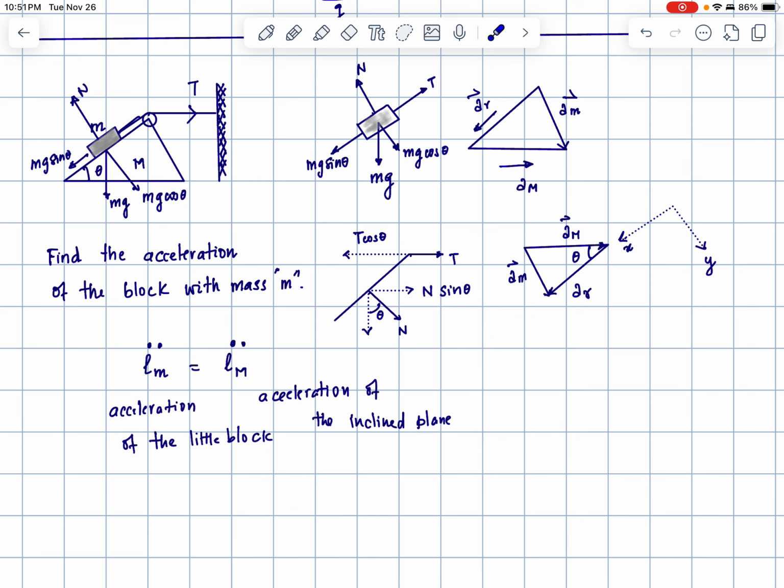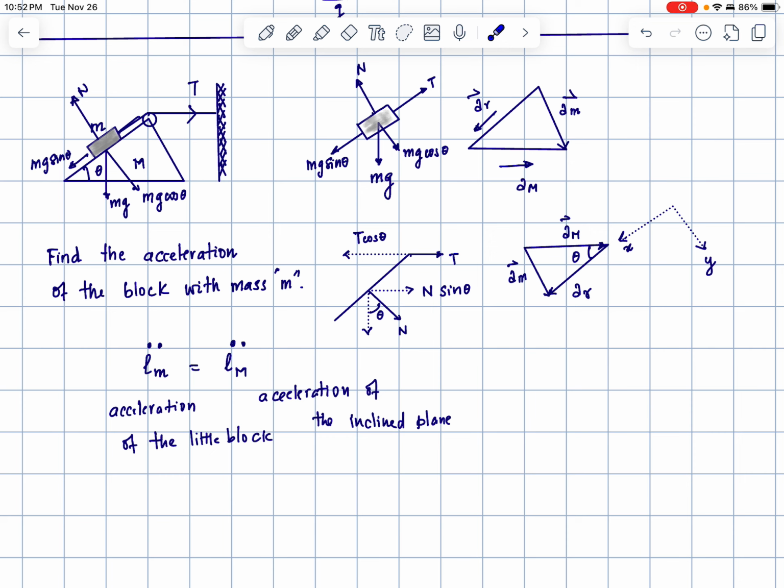Okay, now the acceleration of the inclined plane is a sub m. So the net acceleration here is the sum of these two. Okay, so what we do here is we want to add this up vectorially. So we put a sub capital M going in this direction and a sub little r going in that direction. So therefore this is the resultant acceleration.